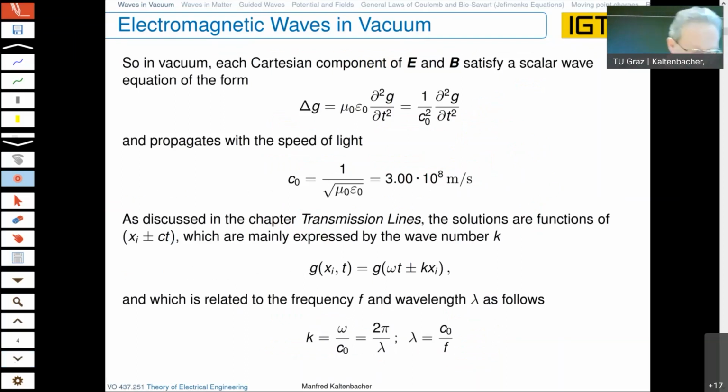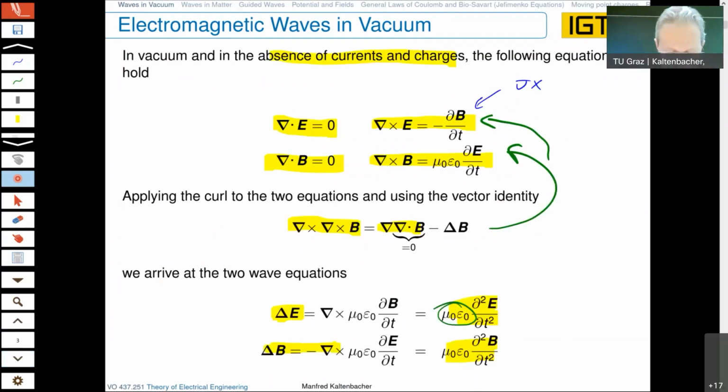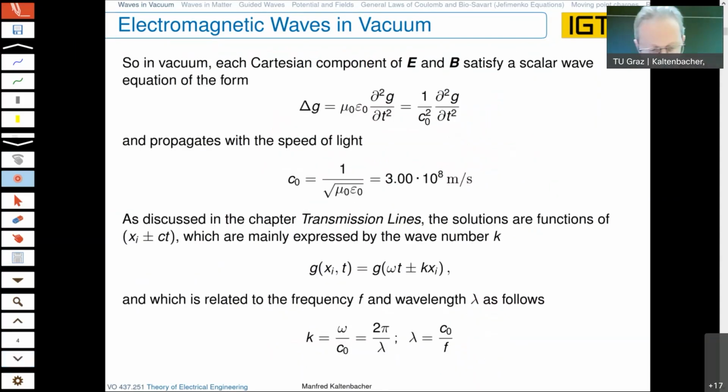Okay, so if you look now at such an equation, you have no coupling between the x, y, and z component. Because you have the Laplacian here on the left-hand side on B, and here the second time derivative. So you have no interaction between the three components.